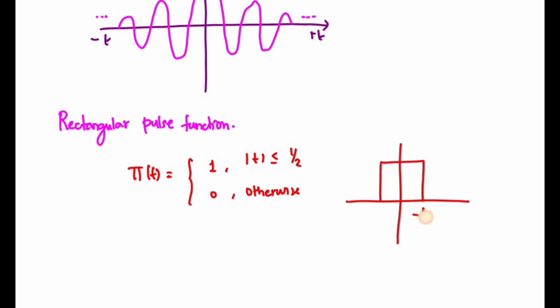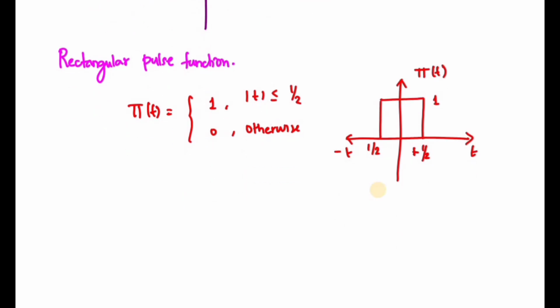So the amplitude is 1, and it is ranging from minus 1 by 2 to plus 1 by 2.